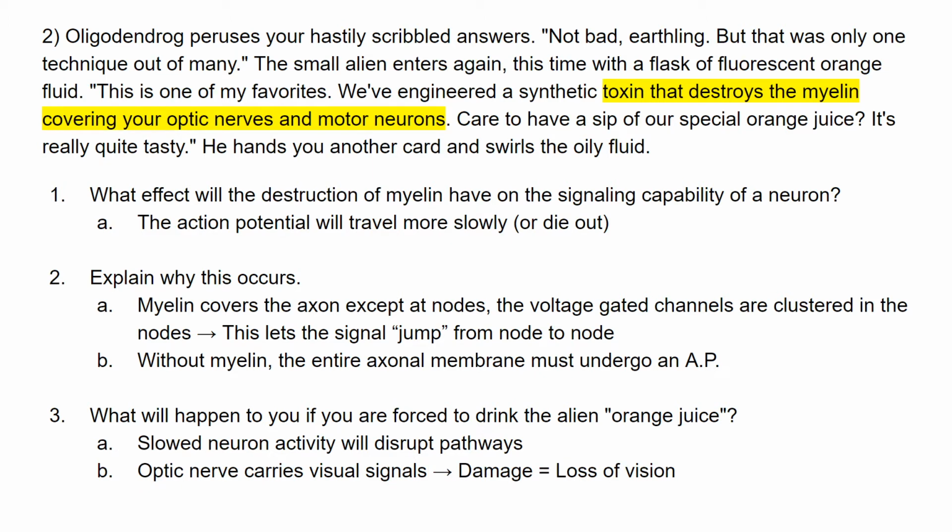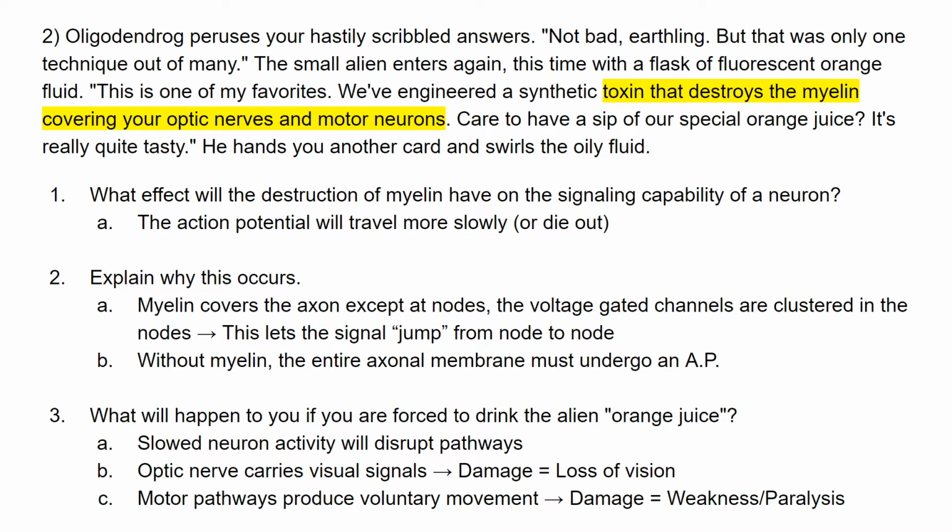You wouldn't necessarily go blind, but you might lose some or all of your vision in one or both of your eyes. And then motor neurons produce movement. So if it takes longer to send the signal to produce movement, that could mean that the muscles are going to be weaker, or they might even become paralyzed, depending on how it affects them.